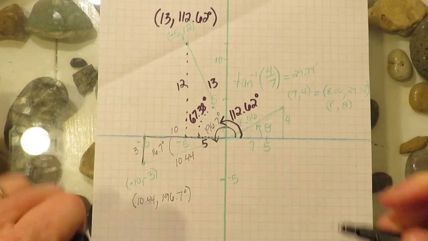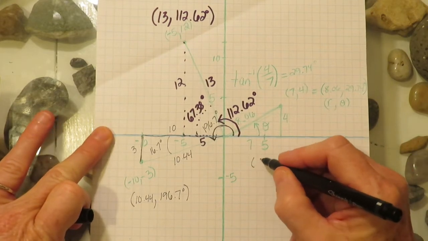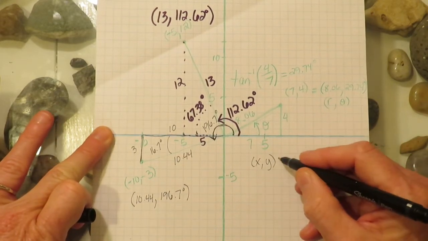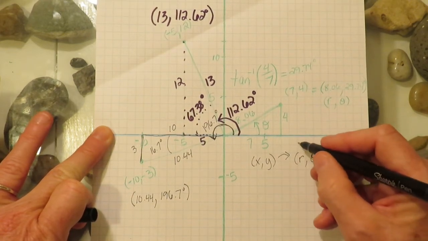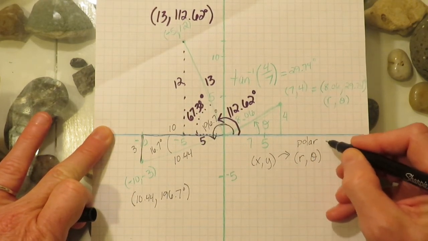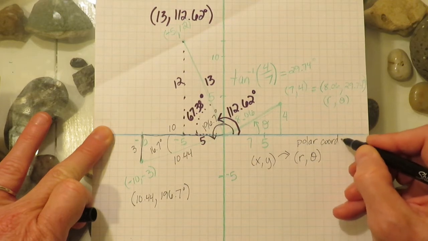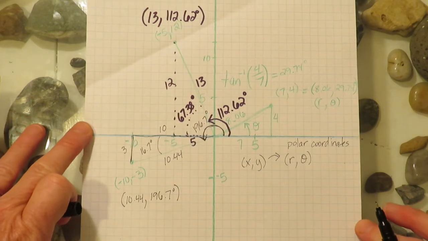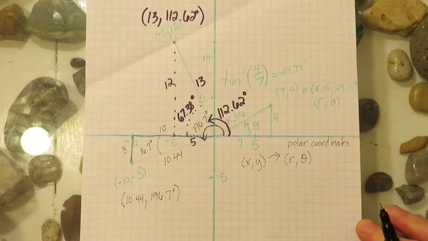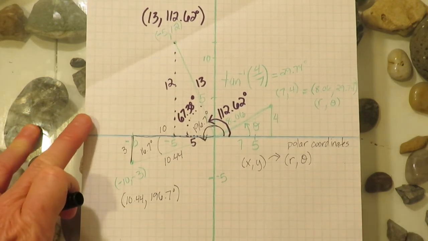So notice here that xy gives way to a radius and an angle. So these are the polar coordinates. And you really reason out how to go back and forth between the two by using your knowledge of right triangle trig.